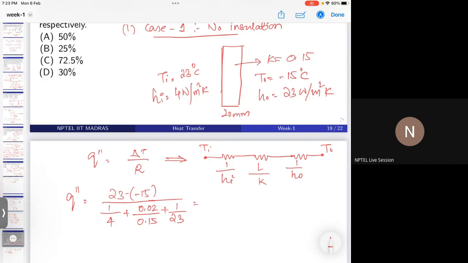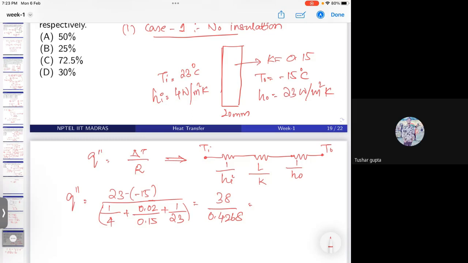So this will be 38 divided by what is this value? This value will come out to be around 0.4268. So has anybody calculated this resistance? What is this heat flux? Can you please calculate and say?